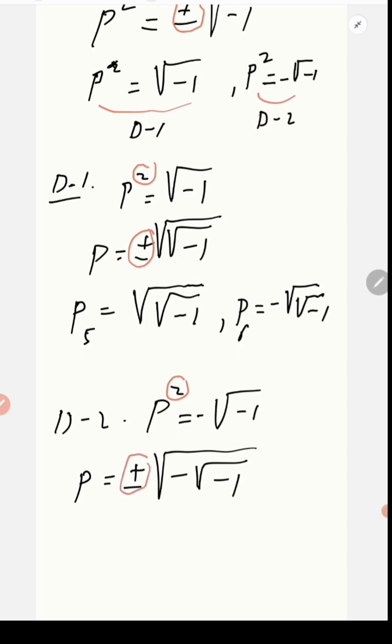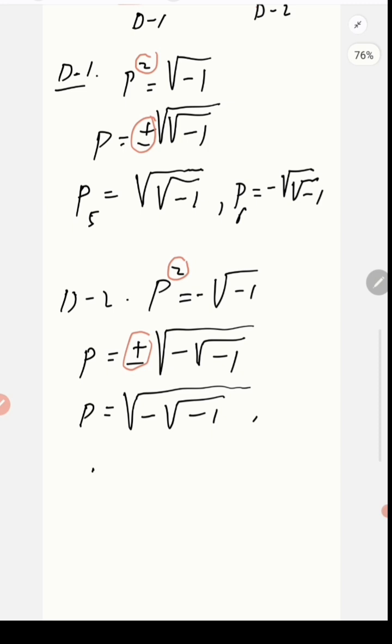Again, plus minus means p is equal to square root of minus square root of minus 1, and p is minus square root of minus square root of minus 1. Name it P7 and P8.